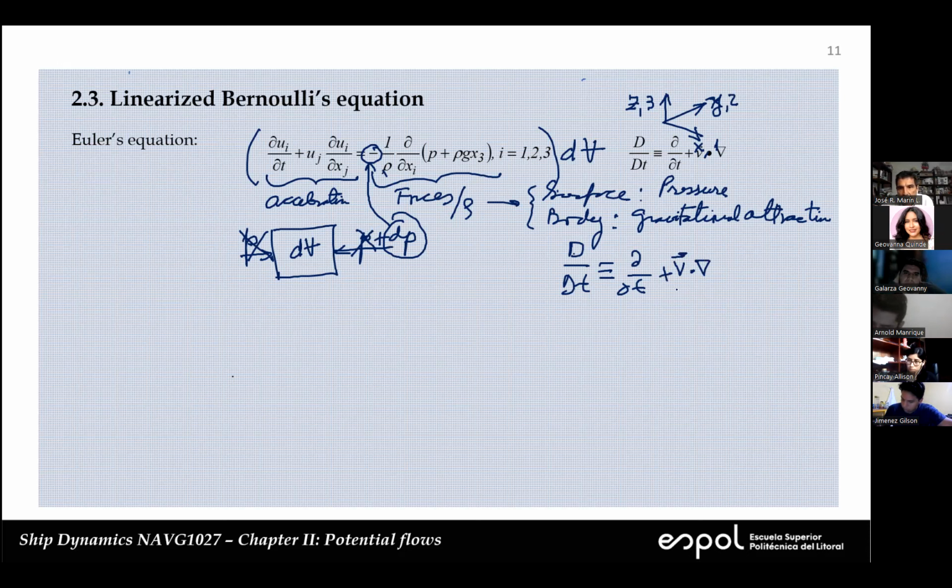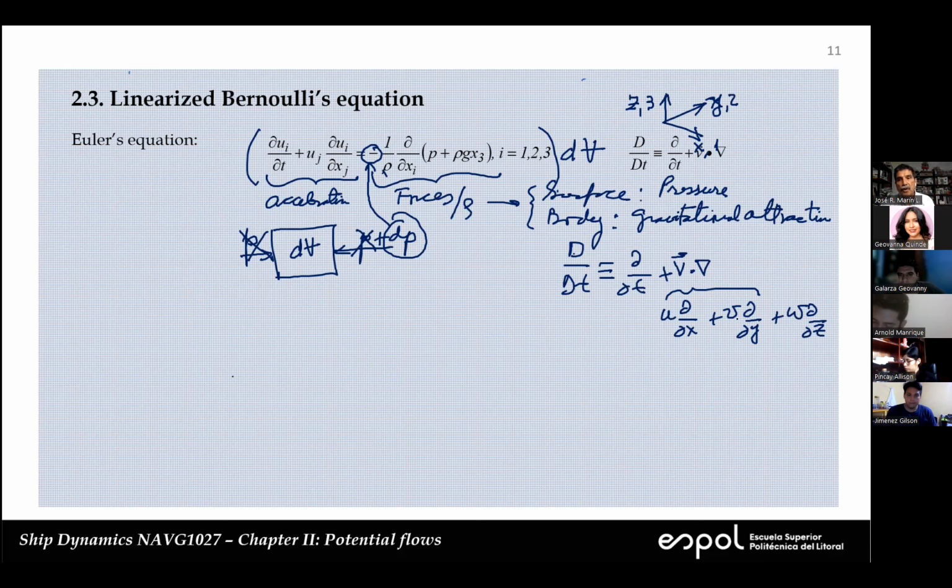This term here is equal to U ∂/∂x plus V ∂/∂y plus W ∂/∂z, if you apply the two components. See that these are two vectors, right? This nabla, remember, is the partial with respect to x in the i direction plus partial with respect to y in the j direction plus partial with respect to z in the k direction.